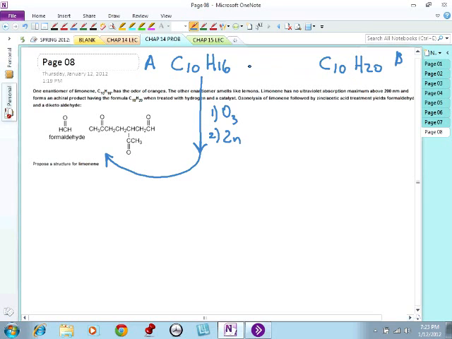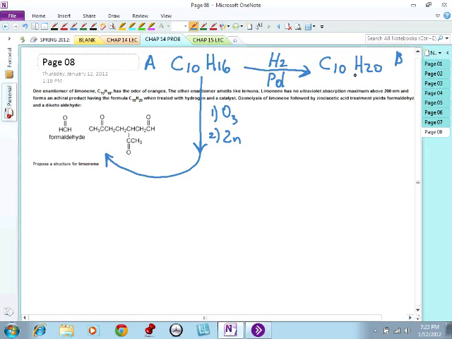When you take that molecule A and you perform hydrogenation in the presence of some kind of catalyst, let us use palladium, you get molecule B, formula C10H20.